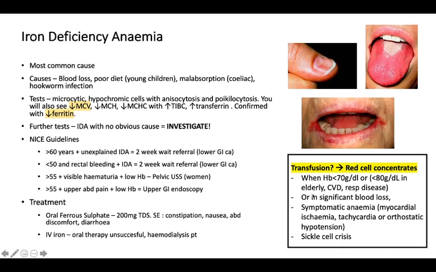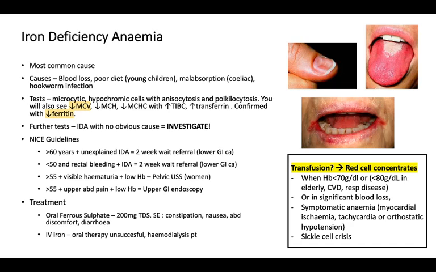In this group of patients, elderly, cardiovascular, respiratory disease, if their hemoglobin drops below 80, you would then transfuse them with red cell concentrates. Or if you have a patient with a significant blood loss, more than about 30% of their blood volume, 1.5 liters, then you'd again think about transfusing them with red cell concentrates.